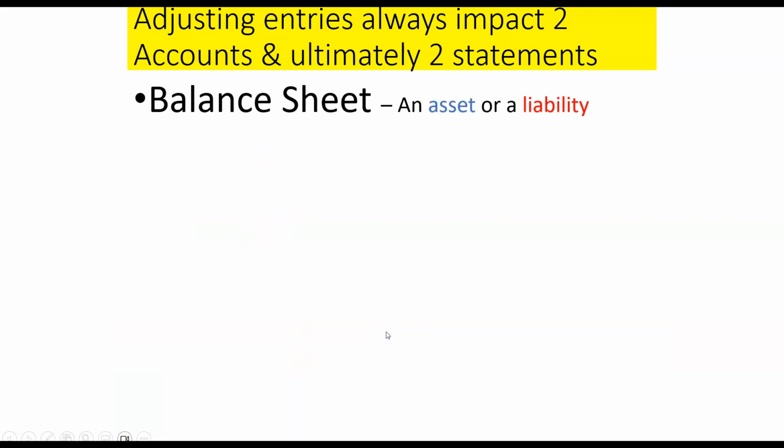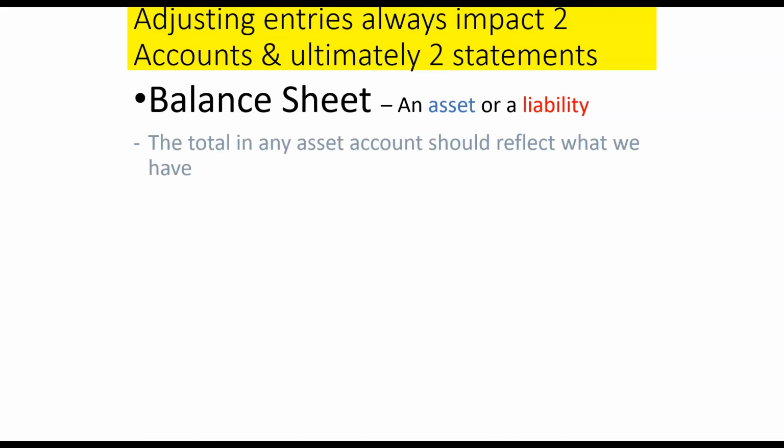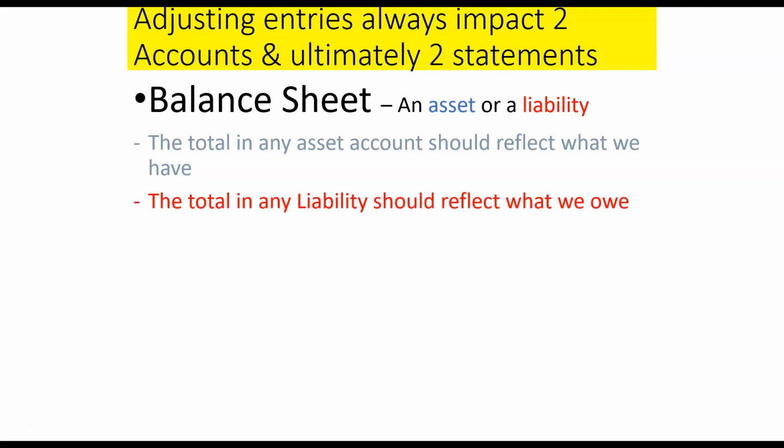Now, one account's going to be a balance sheet account, so that's either going to be an asset account or a liability account. So the point of adjusting accounts is to make sure that our assets actually reflect what we have. So a lot of these entries, they're really about fixing our accounts to do what the accounts are supposed to do.